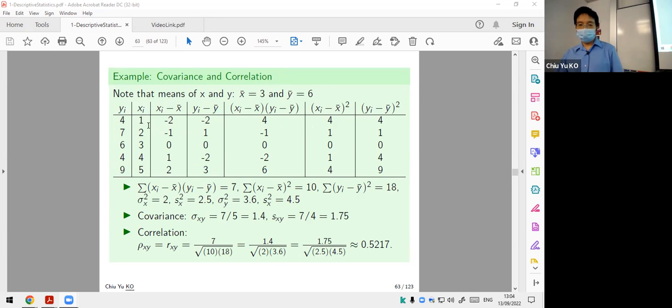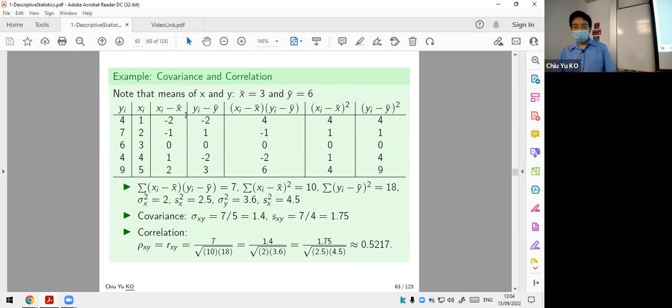So first calculate x minus its own mean. You can see 1, 2, 3, 4, 5. The mean is 3. Okay. So minus 3 for each observation. And the mean of y is 6. So just subtract everything from 6, and you get the 4th column.